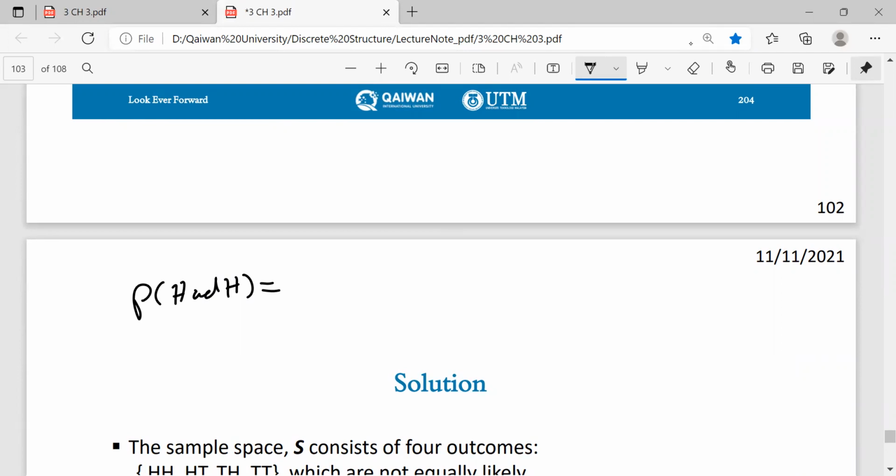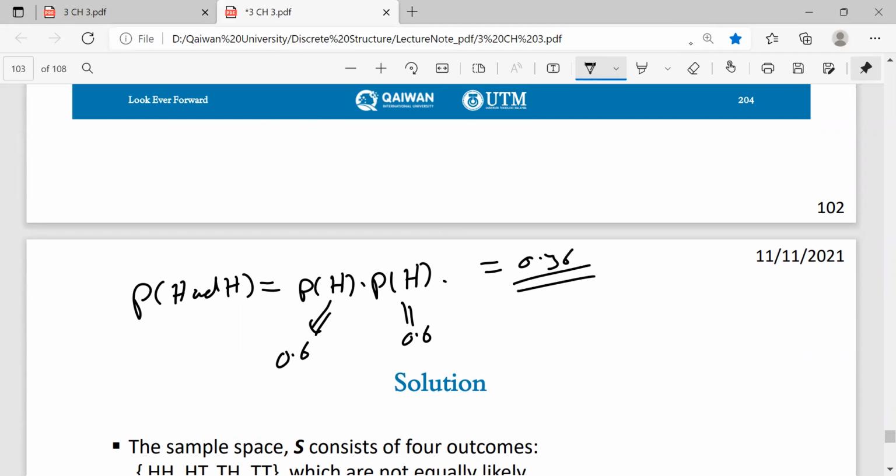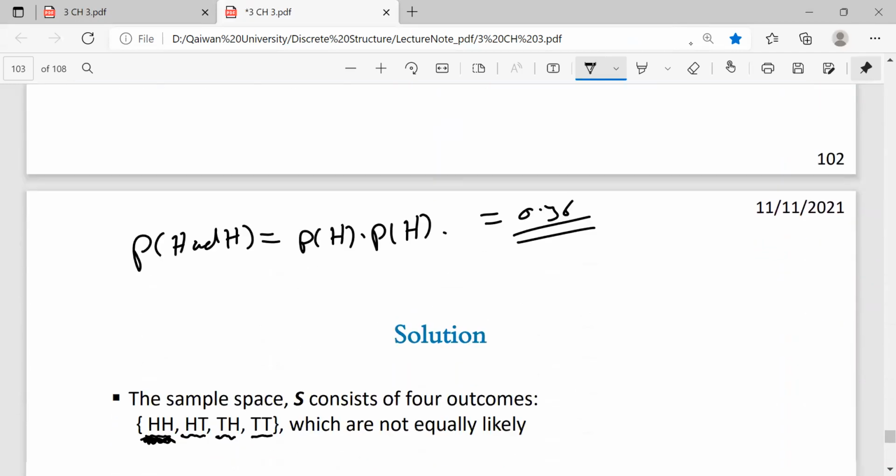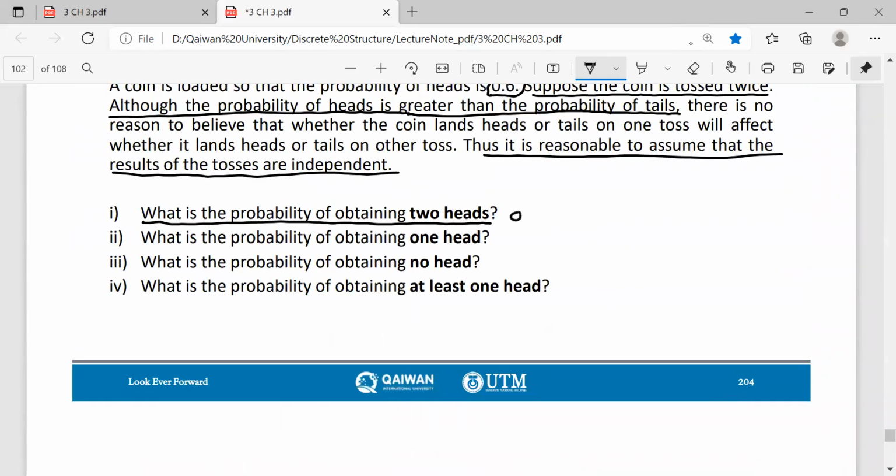The probability of head and head equals the probability of head times the probability of head. The probability of head is 0.6 and this is also 0.6. Multiplying these two gives 0.36. So this is the probability of both tosses being heads. The answer for the first question is 0.36.